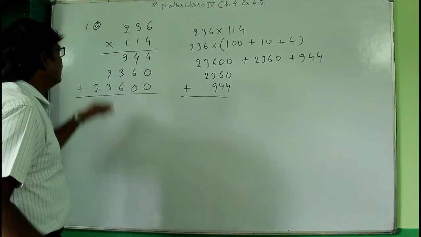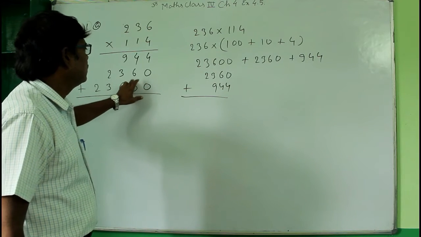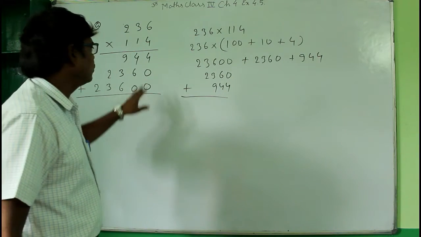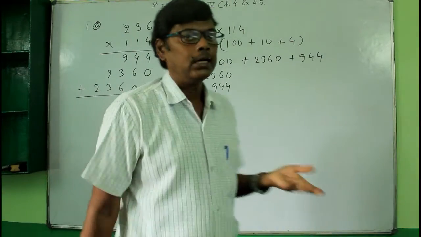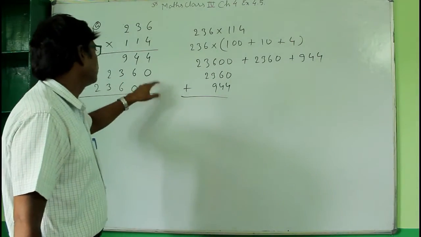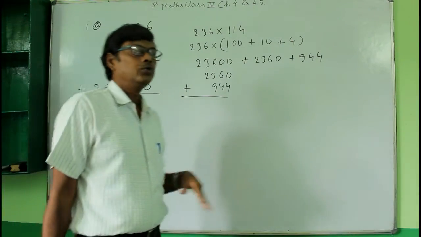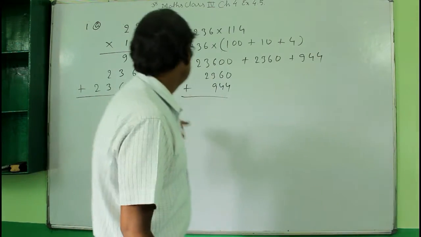And when we multiply, then we don't write these zeros. We omit these zeros. But here because you are learning in this class, you have to understand why we write these zeros here. When you grow up and go to the higher classes, we don't write these zeros.